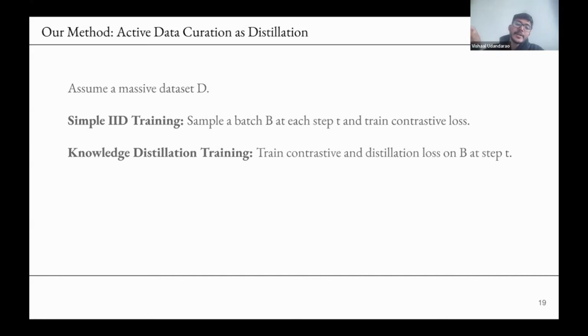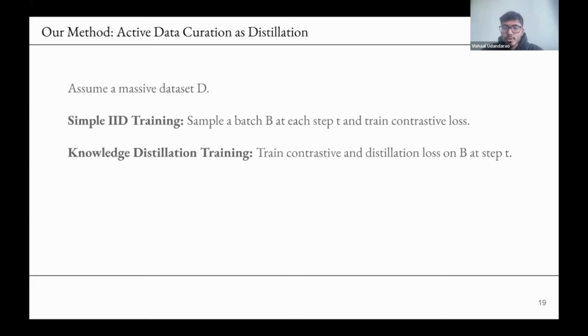And so let's try and introduce that piece in. Let's say there's another model called T, which is a well pre-trained larger model called the teacher, and we assume we have access to this.